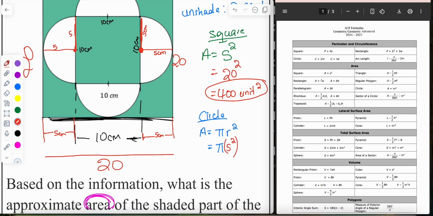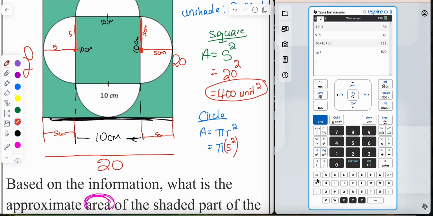So you can go to our calculator and we're going to have pi, right here is pi, parentheses, 5 squared, close parentheses. Enter. So that's going to be 78.54 if I round it off to the nearest hundredth.